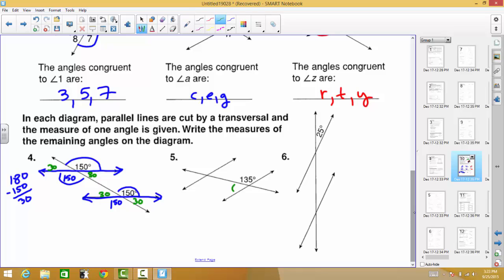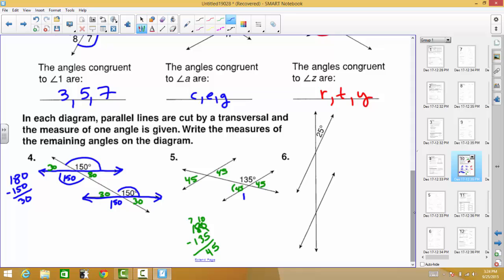Okay, here's our missing angle. 180 minus 135. So 10 minus 5 is 5. 7 minus 3 is 4. So this would be 45 degrees. So then this is 45, and this is 45, and this is 45.